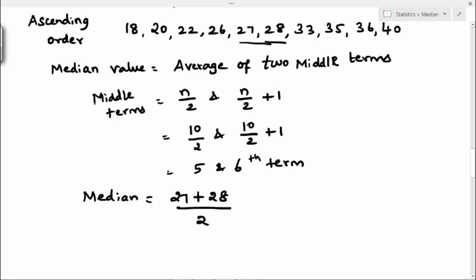The middle terms are 27 and 28 and we have to take the average. If you add, you will get 55 divided by 2, that is 27.5. Therefore the median value is 27.5.